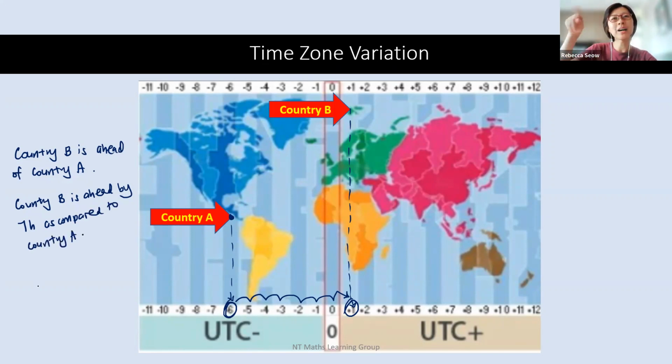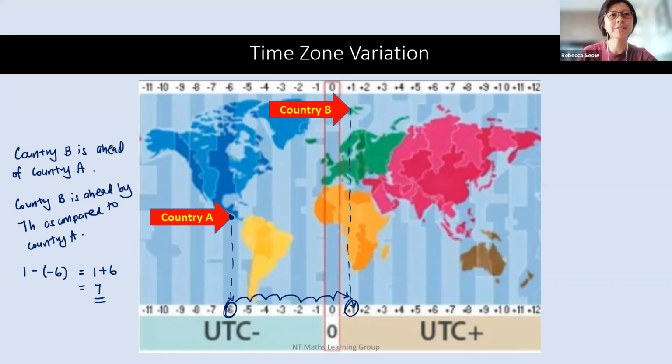If we do not want to count by drawing an arrow, what we could do is, let's take this UTC +1 of country B. So country B is UTC 1, right? Country A is -6. So if you take the difference, 1, take away -6, we'll end up with 7.